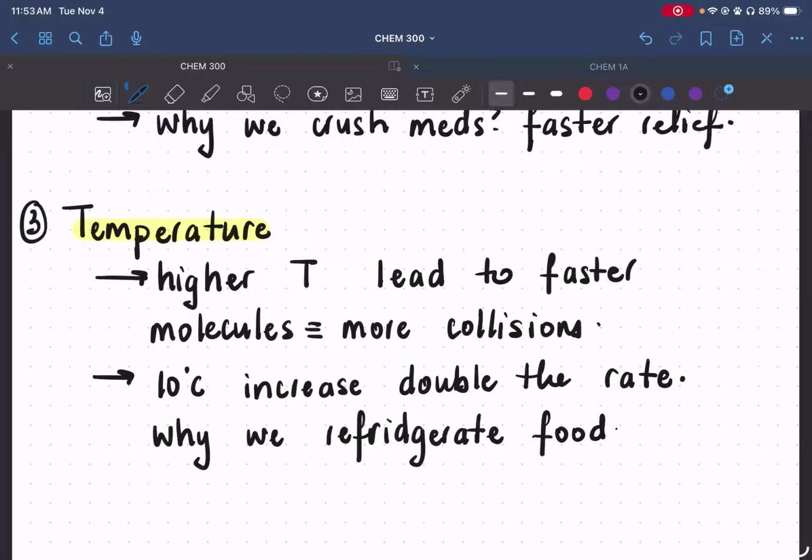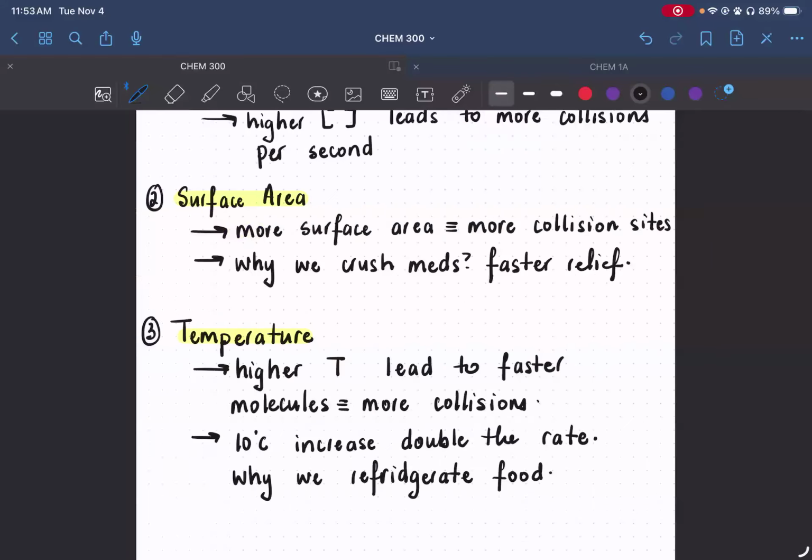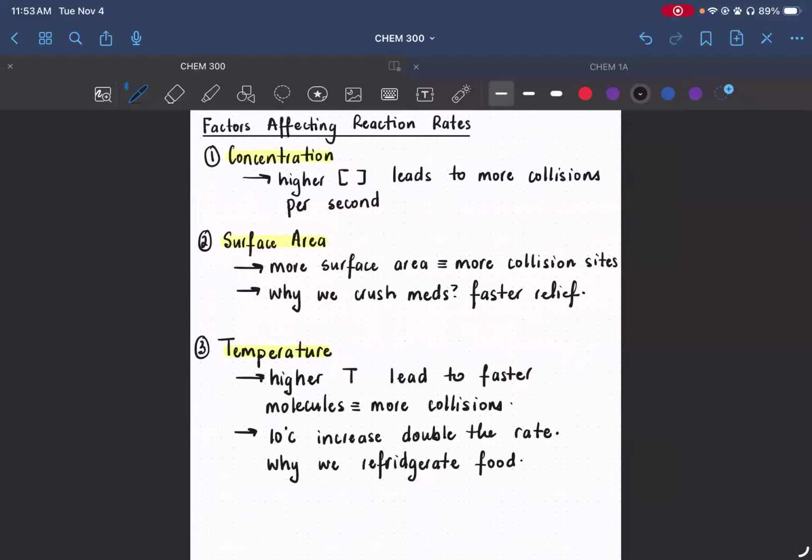It's why if the recipe says bake at 350 for an hour, you can just bake at 375 for 45 minutes. Higher temperature leads to more frequent collisions and more reaction overall.